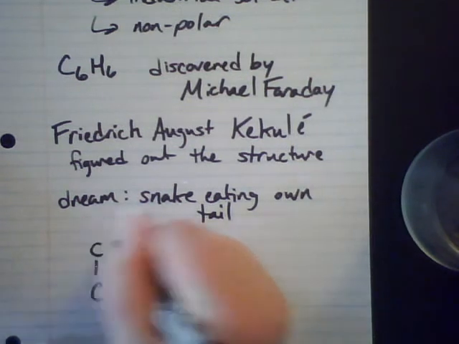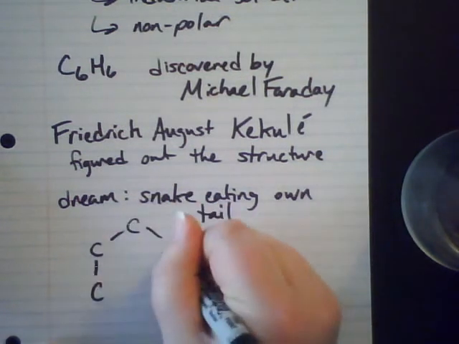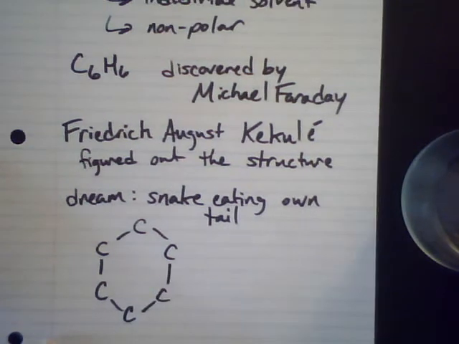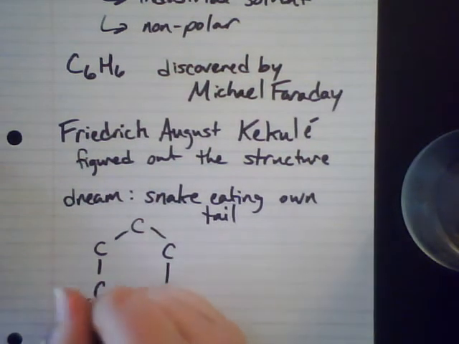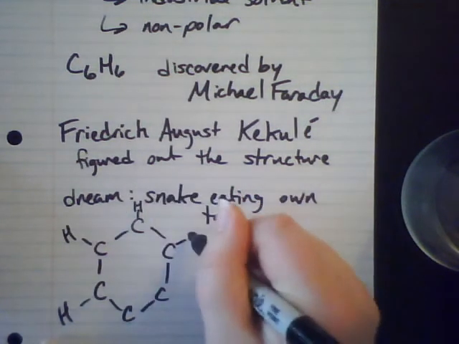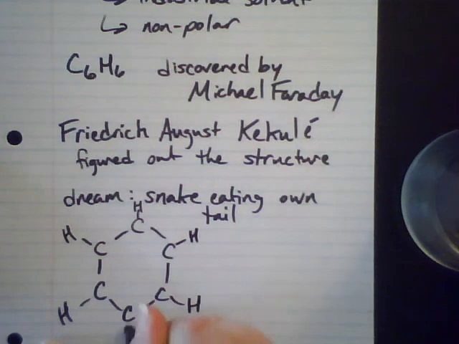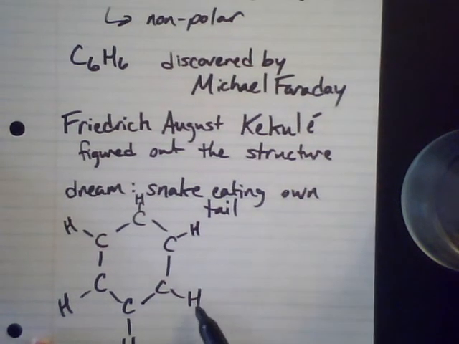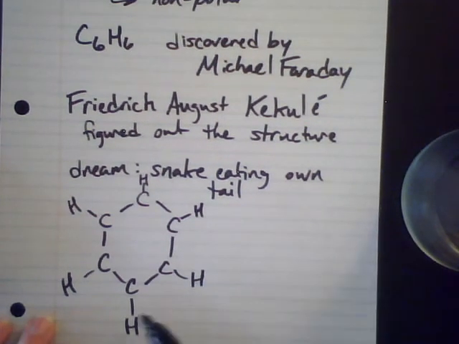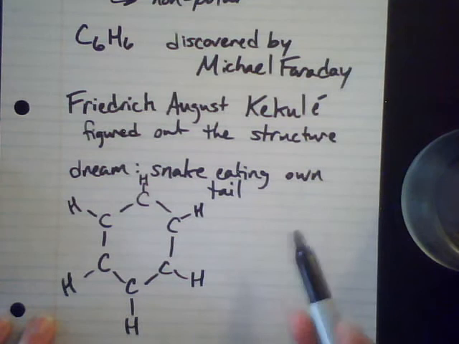So what he found is that these carbons will form a ring. There's 6 of them in a ring, and I have enough hydrogens for one hydrogen to come off of each carbon. And that's all I have to work with. So my hydrogens are happy because they each have 1 bond. But my carbons only have 3 each.